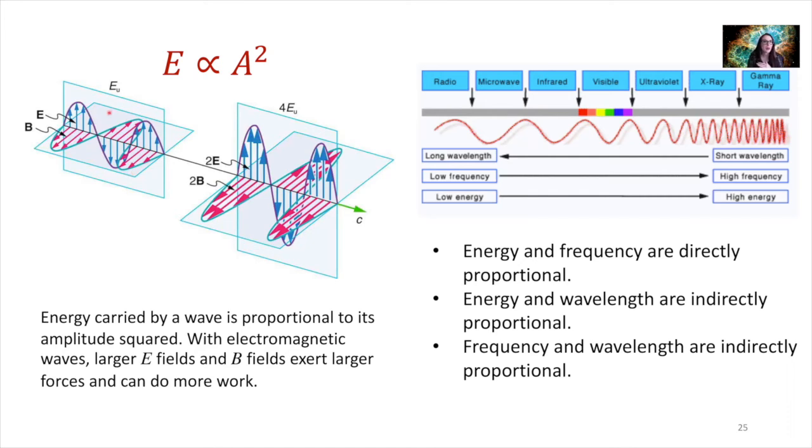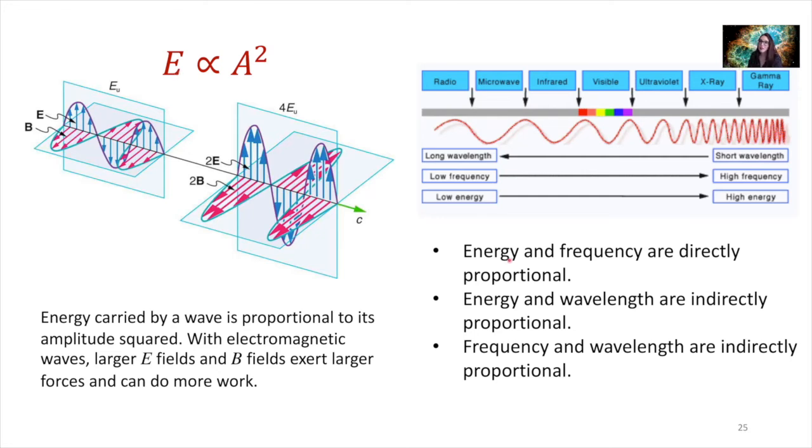Here, the amplitude of the electric field, and therefore the amplitude of the magnetic field, has been increased by a factor of 2. If the amplitude is increased by a factor of 2, that means that the energy of the wave is increased by 2 squared, or 4 times.